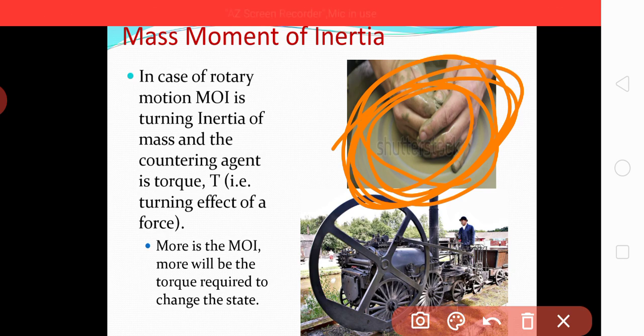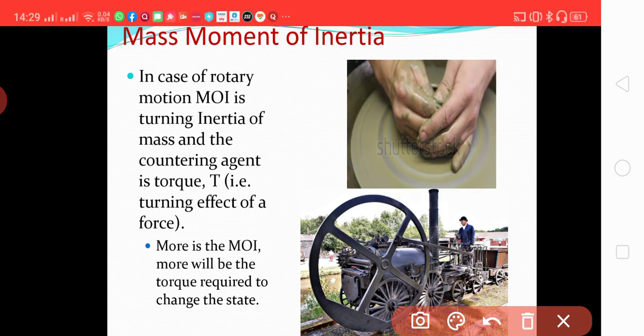In doing so this wheel used to rotate for 10 to 15 minutes continuously, and in that time he used to make 10 to 15 pots. Nowadays it has been replaced by an electric motor driven wheel, but earlier it used to be a heavy stone wheel with an anvil at the center axle, on which this wheel used to rotate.